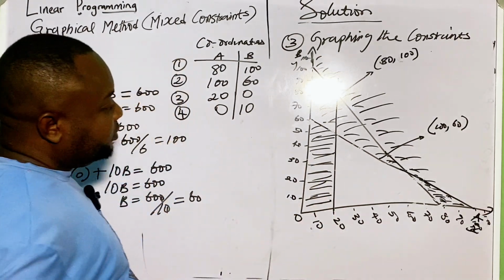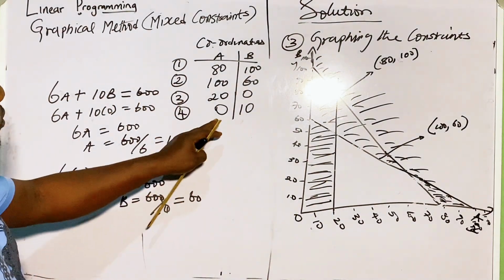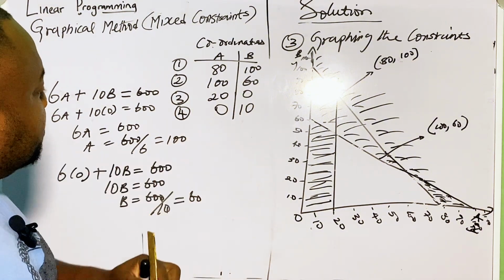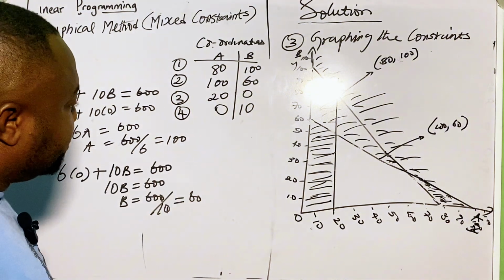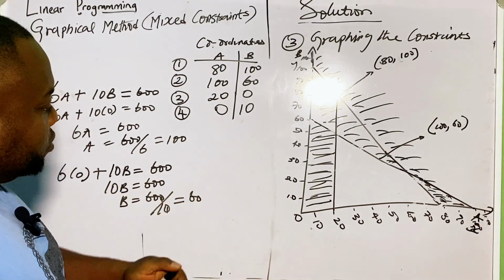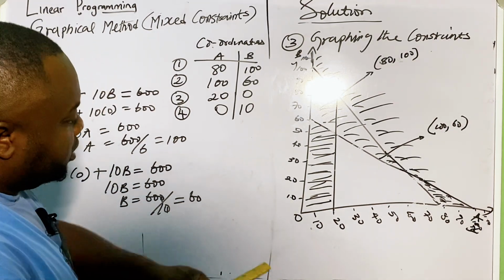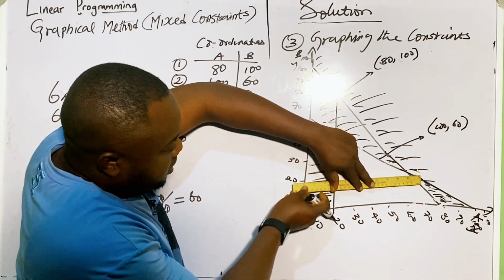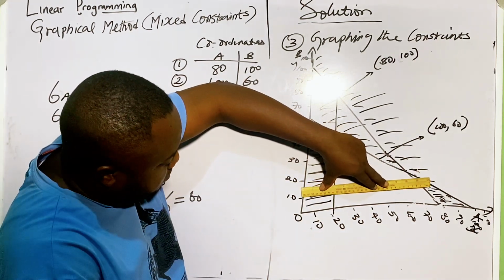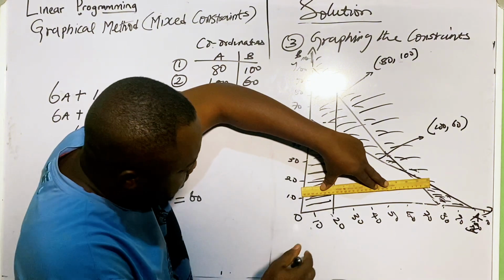So now the last but not the least, which is the requirement for B, which is 10. So we equally draw a perpendicular line to B, which is 10, which is at this point.